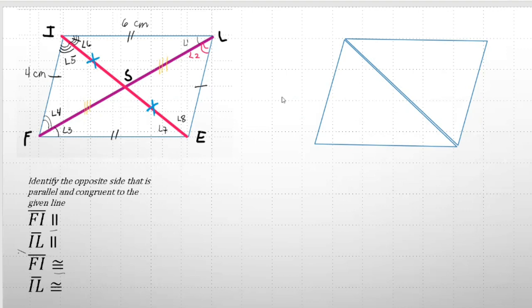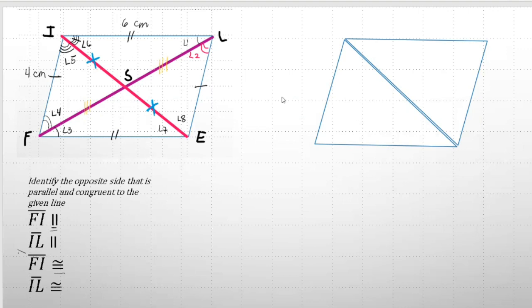Okay, so now let's proceed with identifying the opposite sides that are parallel to the given line that we have. So first we have the line FI. When we say, or if we're going to find the parallel side of our given line, titignan lang natin yung line kung saan siya parallel.